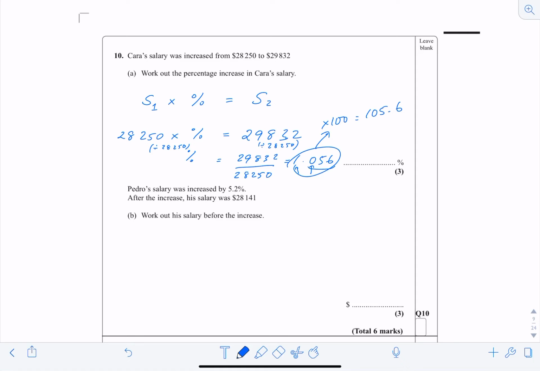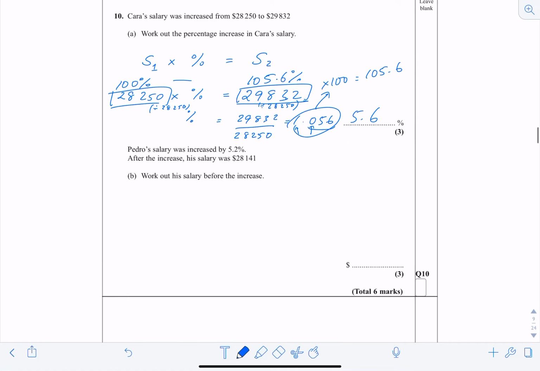That's the percentage, okay? It's not the percentage increase. That is the percentage of that compared to that. So if that's 100%, this here is going to be 105.6%. What's that as a percentage increase? Hopefully you can see that it's adding 5.6%.